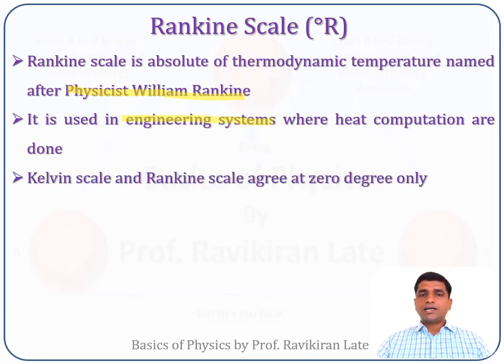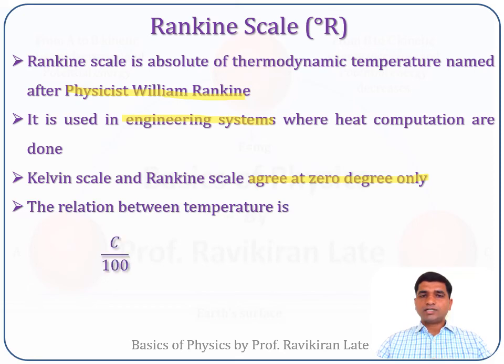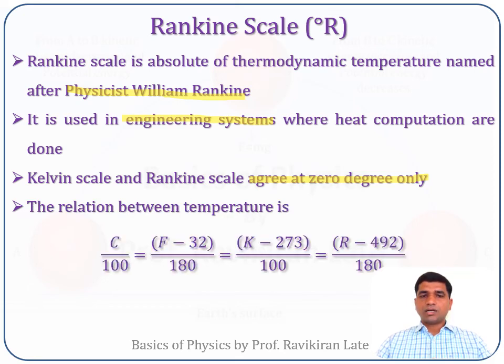The Kelvin scale and the Rankine scale agree with each other at 0 degrees only, and the relation between the various temperature scales is given here: degree Celsius divided by 100, degree Fahrenheit minus 32 divided by 180, degree Kelvin minus 273 divided by 100, and degree Rankine minus 492 divided by 180.